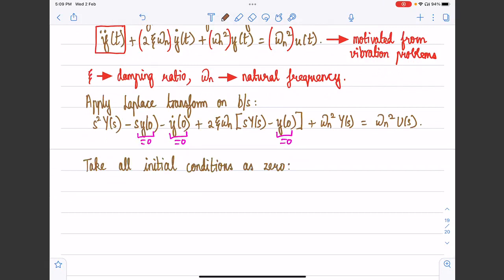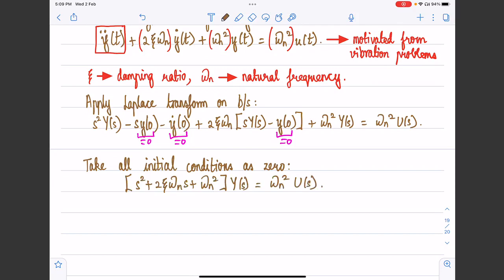Once we complete this step, we will get s squared plus 2 zeta omega n s plus omega n squared times capital Y of s equal to omega n squared times U of s.